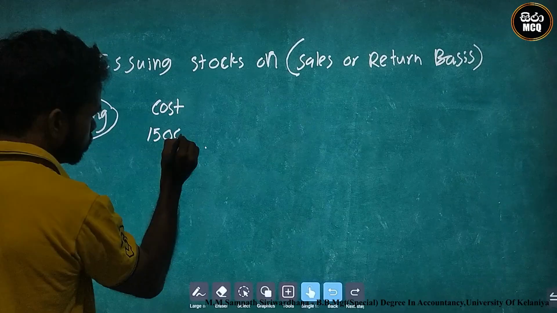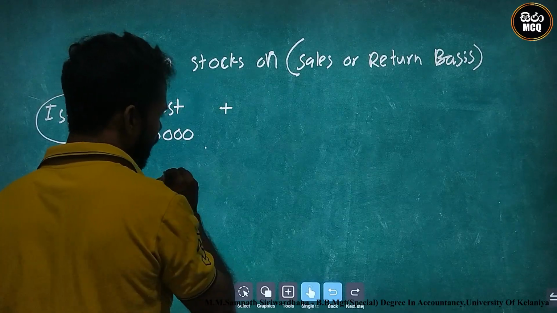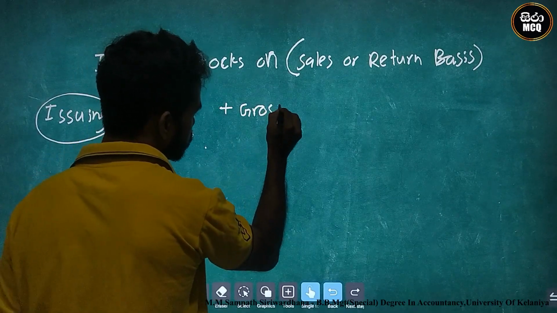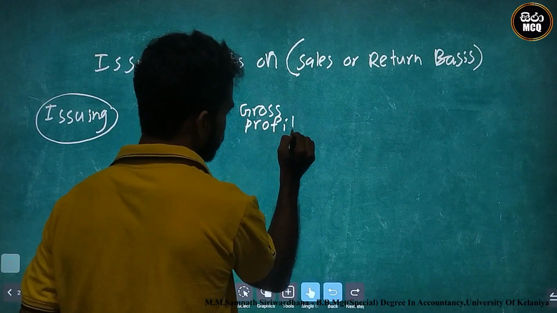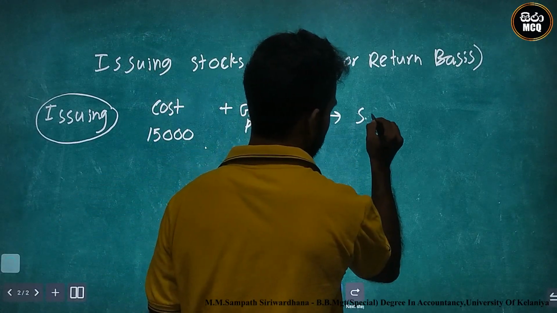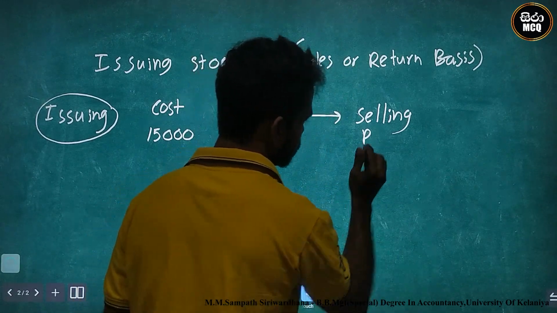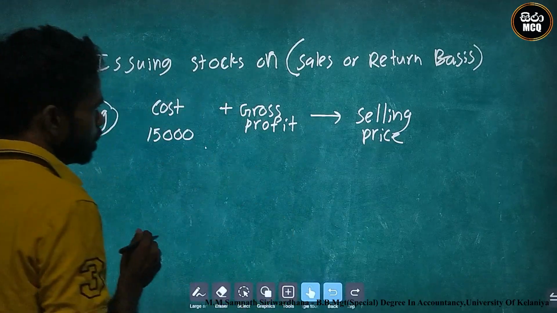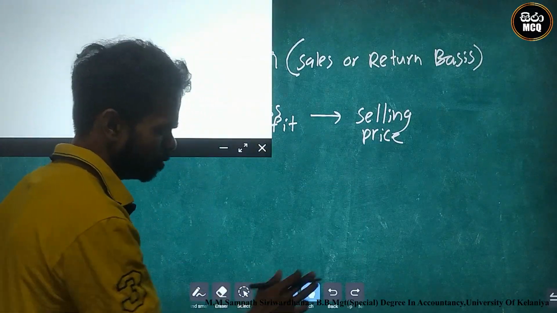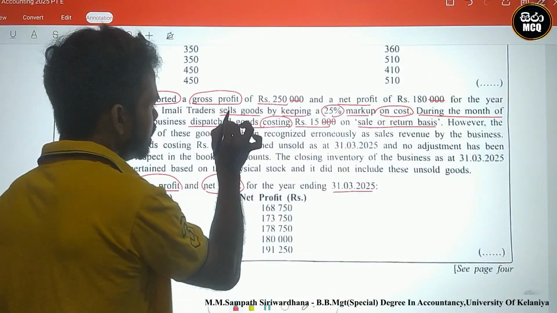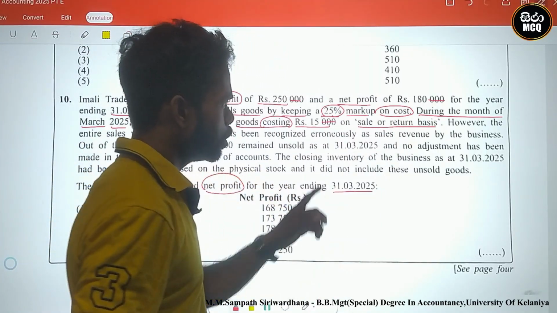We can create a selling price. We add gross profit to this stock, and after that we can calculate the selling price. What is the information? The trader sells goods by keeping a 25% markup on cost.